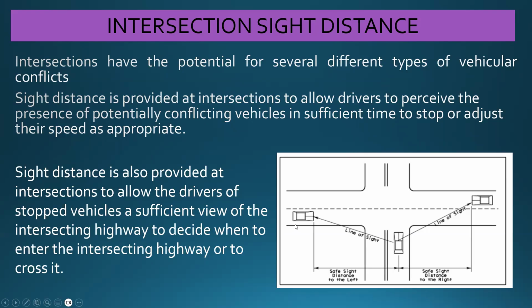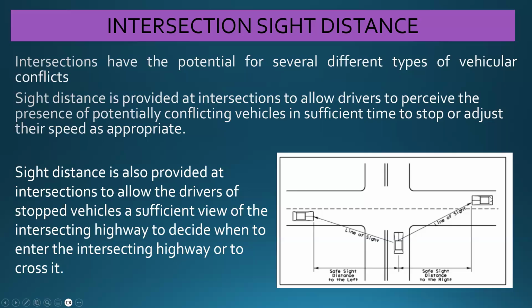So if the vehicle is from here, then that is his line of sight, and that is a safe sight distance, and that should be clear. If on the other side of the vehicle, that is the line of sight.